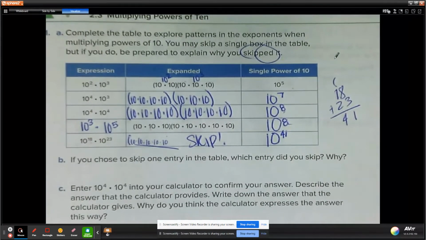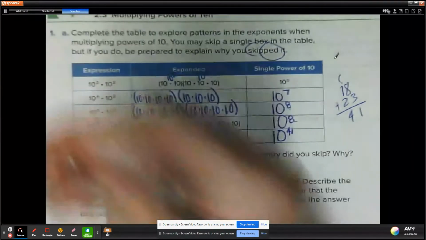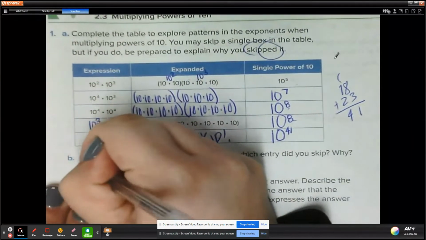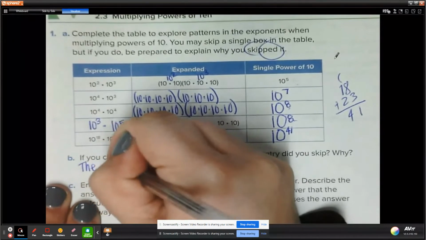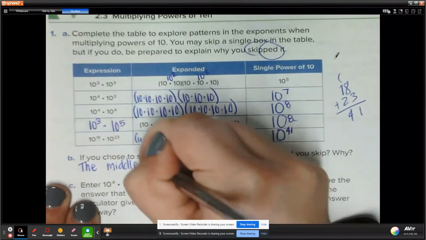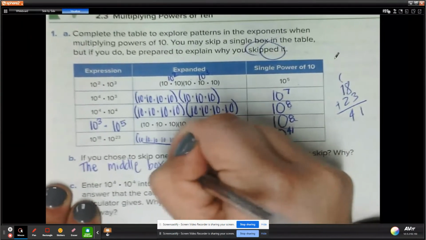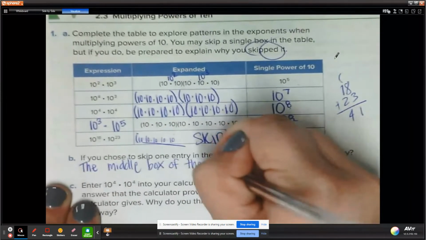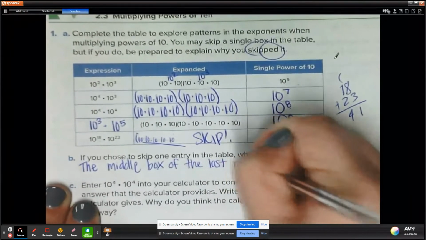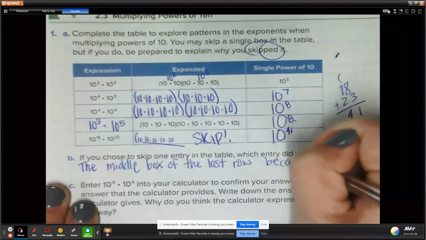If you chose to skip one entry in the table, which entry did you skip? Why? The middle box of the last row, because ain't nobody got time for that.